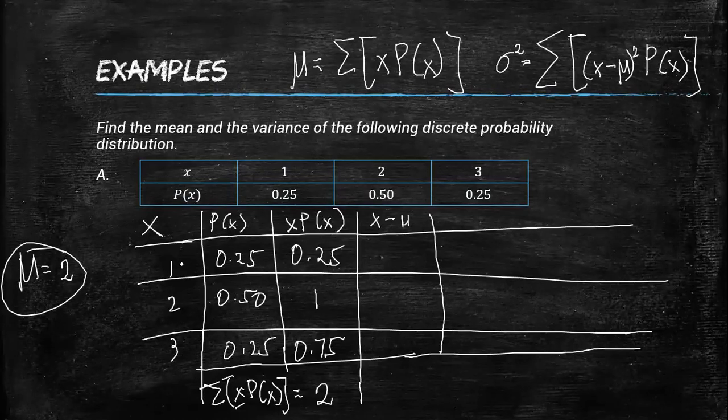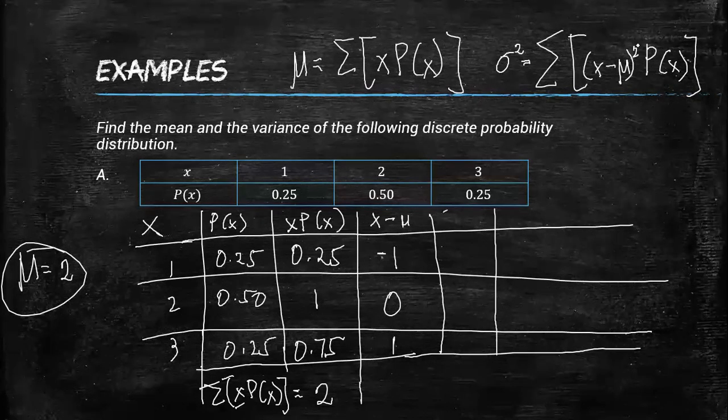So, ang gagawin natin is 1 minus 2 is ilan? Negative 1. Tapos 2 minus 2 is 0. 3 minus 2 is 1.